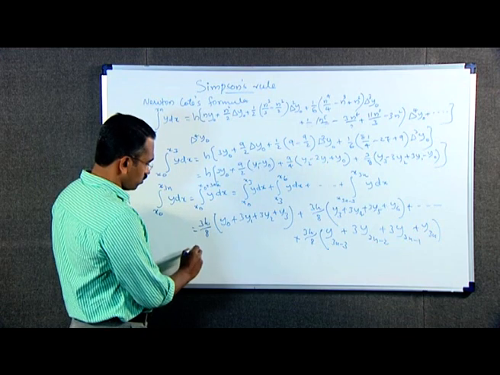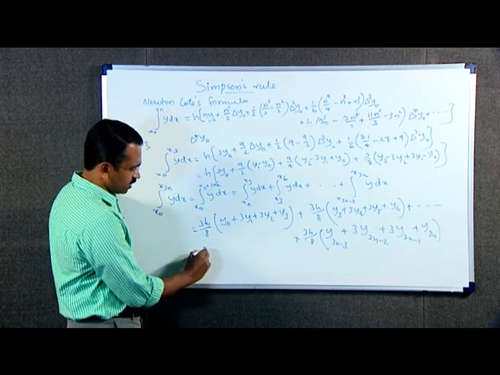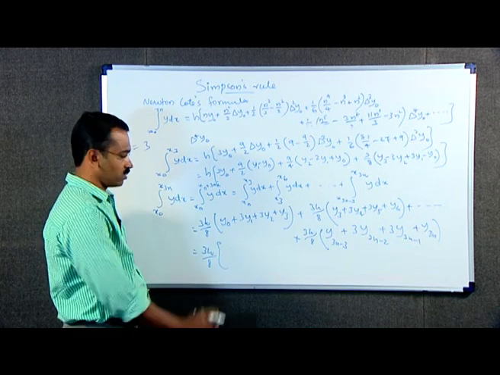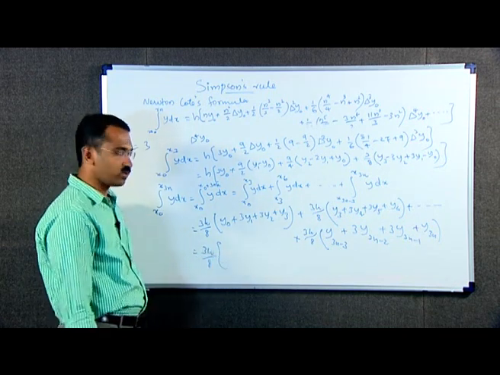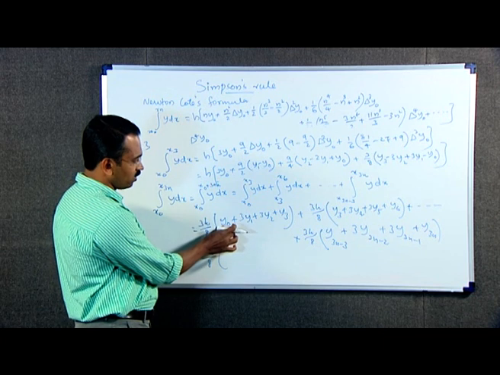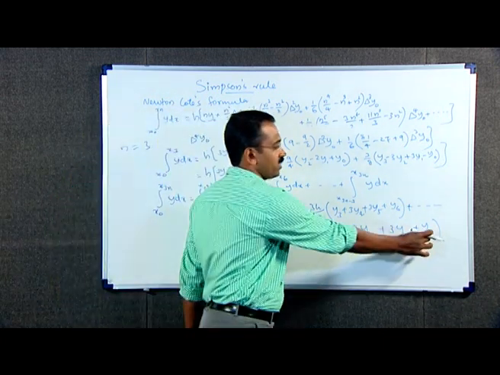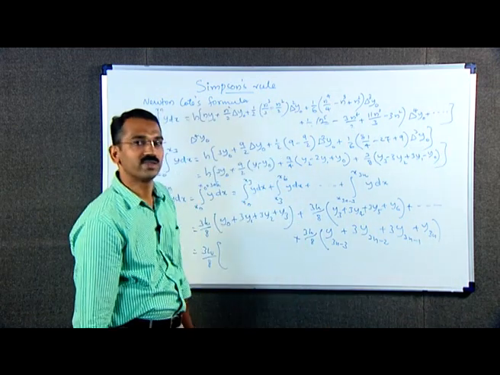This is equal to 3h by 8 common. Therefore, this is equal to 3h by 8 into, here y naught is only one and the last term is y3n.